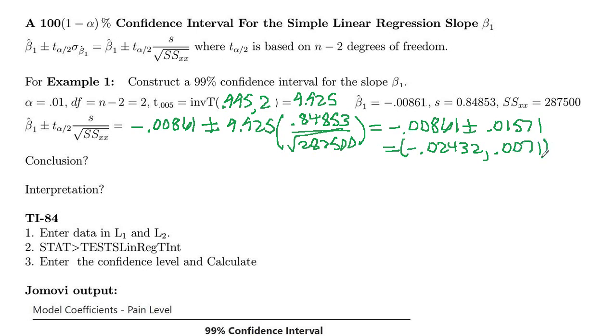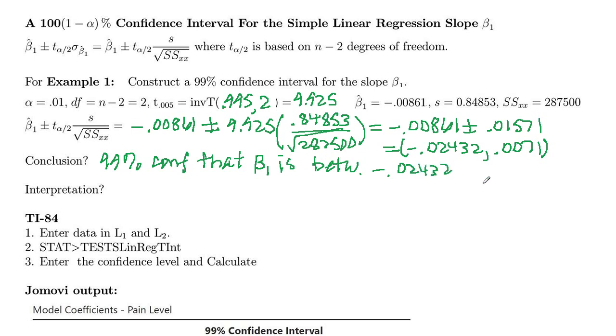And remember that means our conclusion here is that we are 99% confident that the true slope of the regression beta 1 is between negative 0.02432 and 0.0071.